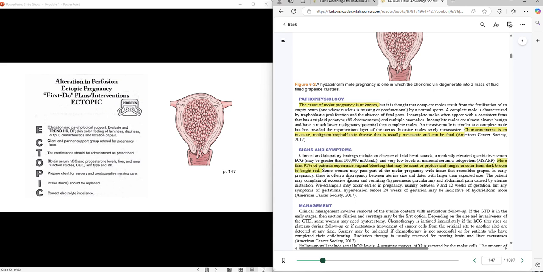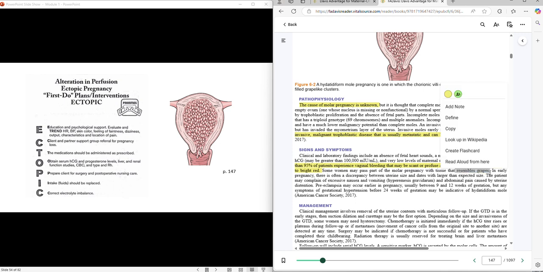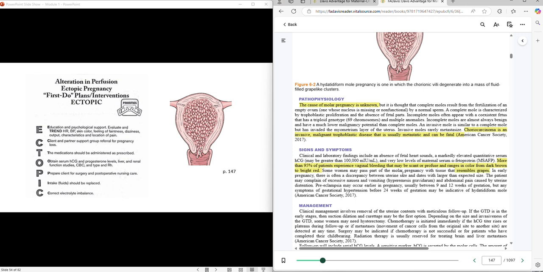Okay, it may be scant, it may be profuse, it may be bright red, it may be dark brown, but those molar pregnancies, the tissue does look like grape clusters. Okay, resembles grapes. So make sure you understand what the gestational trophoblastic disease is.